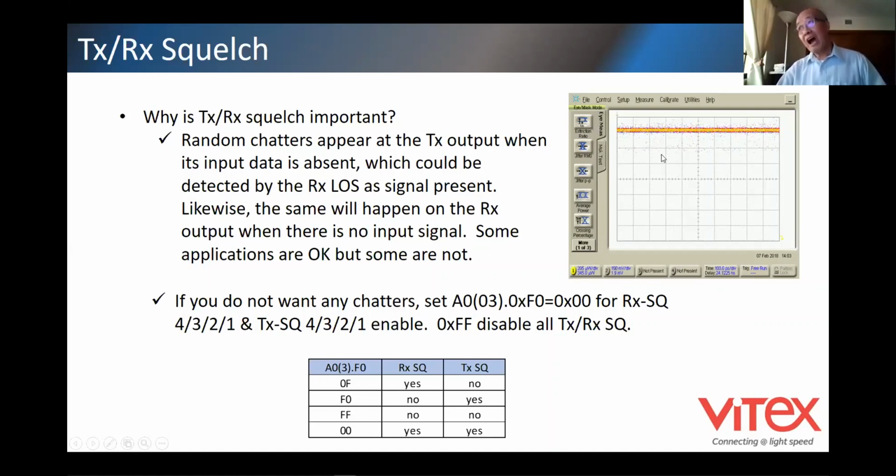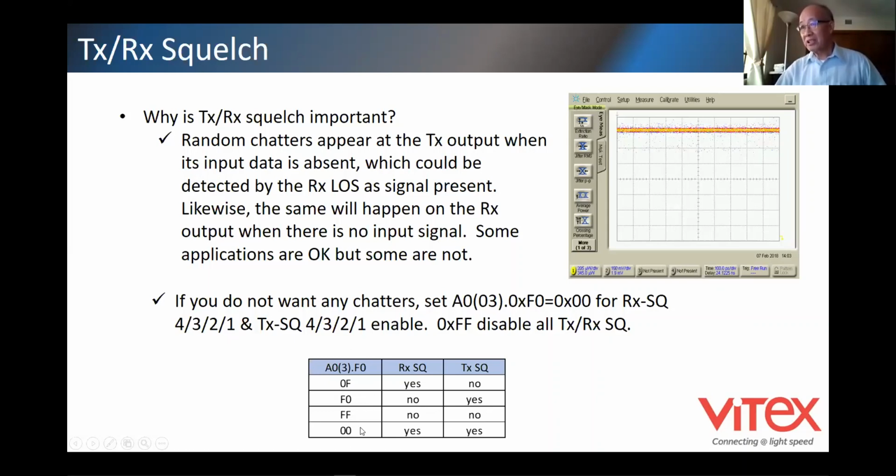So if that happens, there is a way to fix it, right? You go to register, right? Page 3, and F0, right? You set it accordingly, just like this table. I just mapped it out for you. They have a receiver squelch or transmitter squelch. You pick what you want.